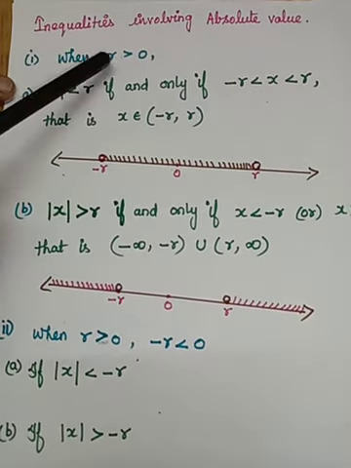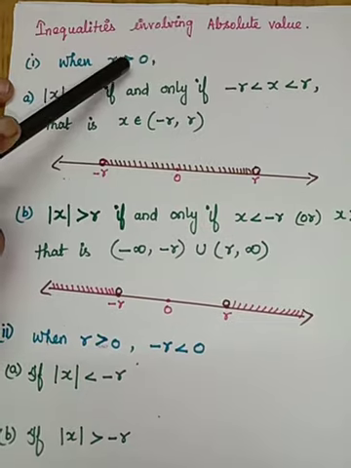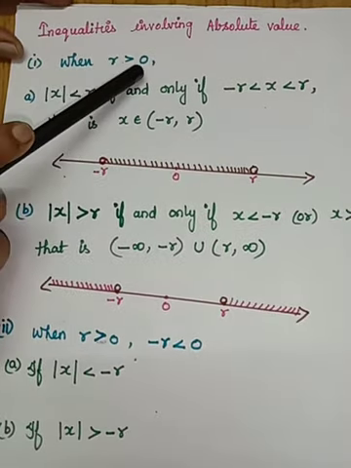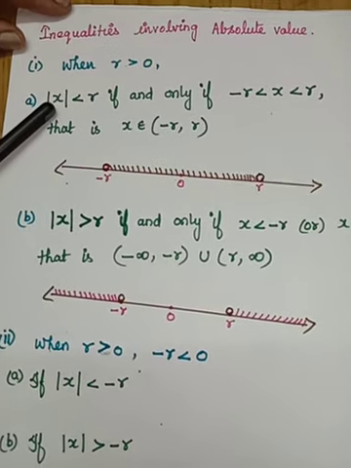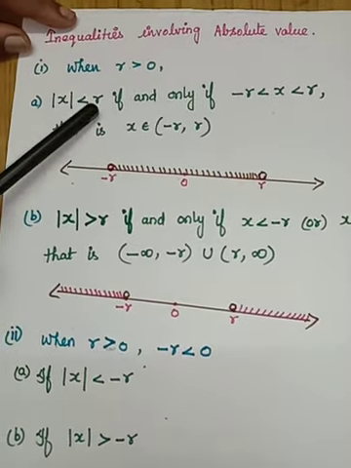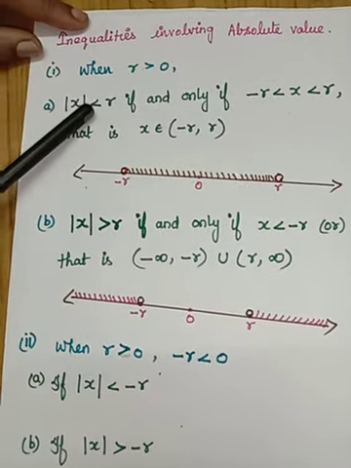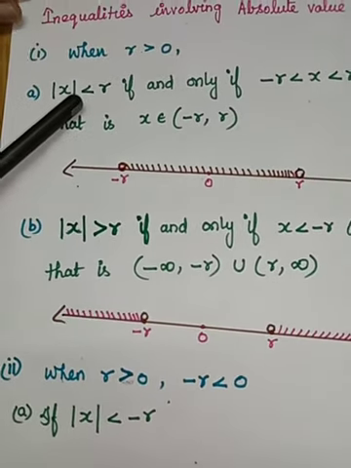Okay. So here we are going to take x and r. Here your r is greater than 0. R is positive. You see that formula? Modulus of x less than r. You see the symbol? Your modulus less than. This is very important. We are going to use this result in the problems. So listen carefully.